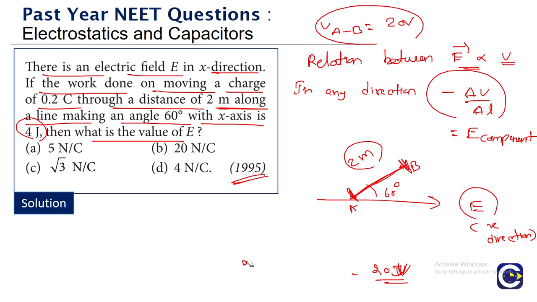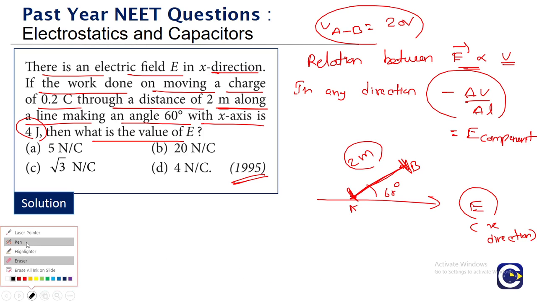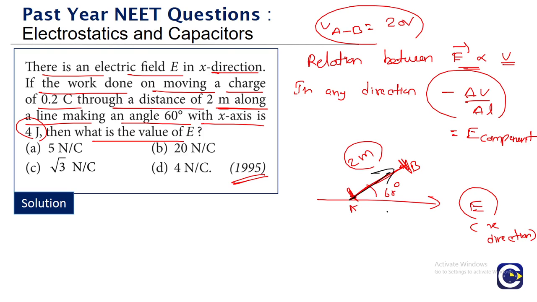The minus sign indicates that when we move in the direction of the electric field, the potential difference is going to be negative. So here in this direction, electric field is towards the x-axis, right? In this direction, what is the component of the electric field? Electric field component will be equal to what? The angle is 60, right?